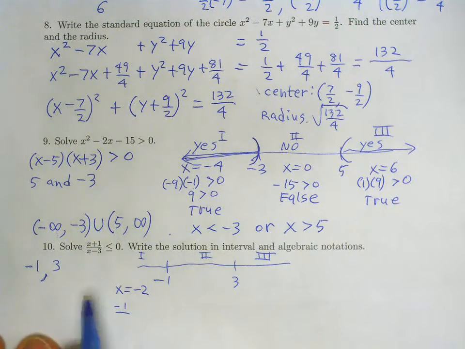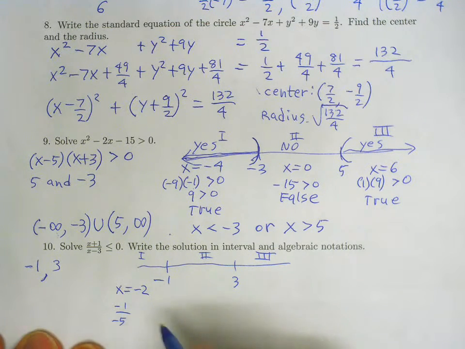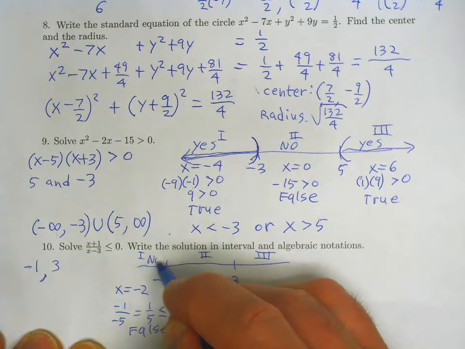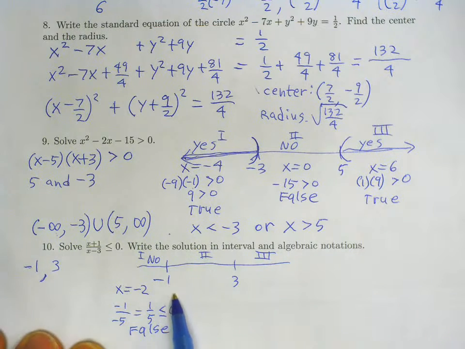In the denominator, -2 minus 3 is -5. -1 divided by -5 is +1/5, but the inequality is less than or equal to 0, and this is false. So none of the numbers from negative infinity to negative 1 are solutions.